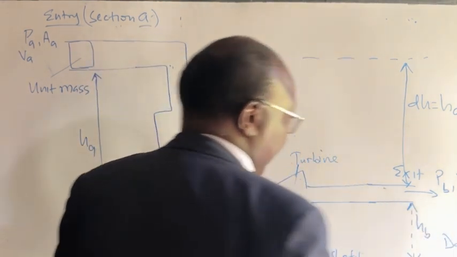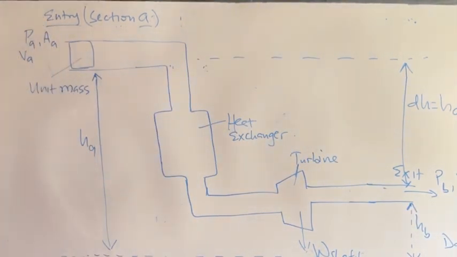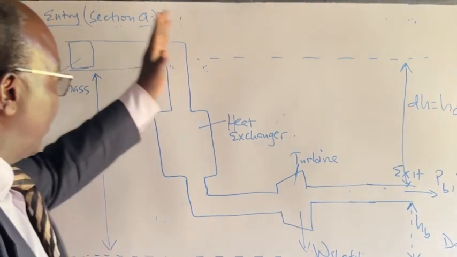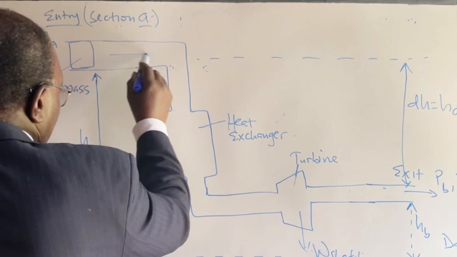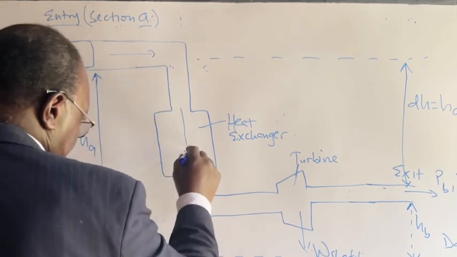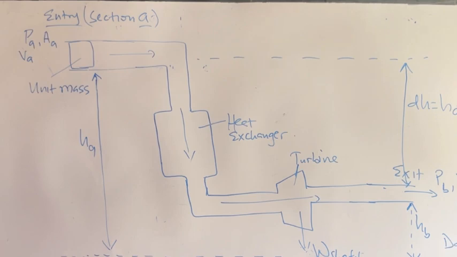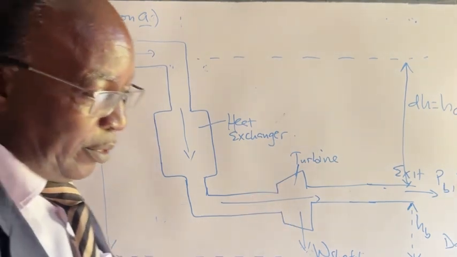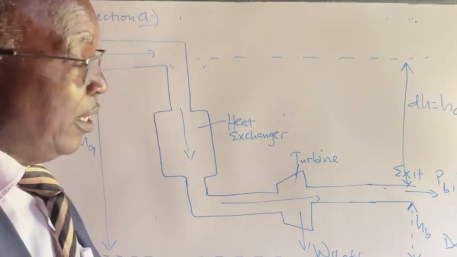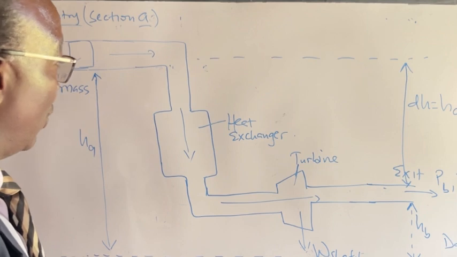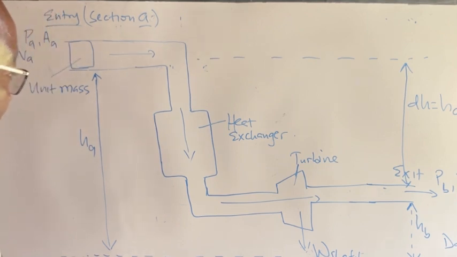So remember, these are just arbitrary markings, but the system in a nutshell is we have a fluid which is flowing through the system, heat is exchanged, work is done, and then it exits. So we want to develop the thermodynamic expressions for this to see what kind of processes are taking place here.